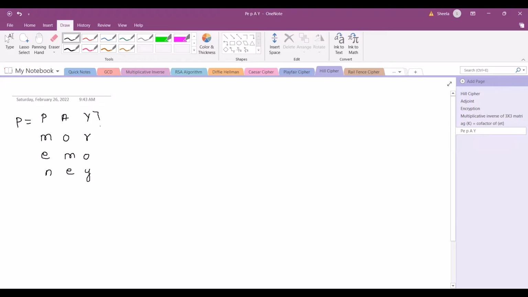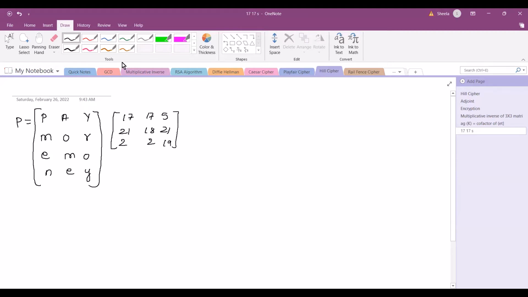Like this we can write the matrix. Since it is a 3 cross 3 matrix, the number of columns must be equal to 3. And this should be multiplied with the matrix K, that is 17, 17, 5, and then 21, 18, 21, and 2, 2, 19.